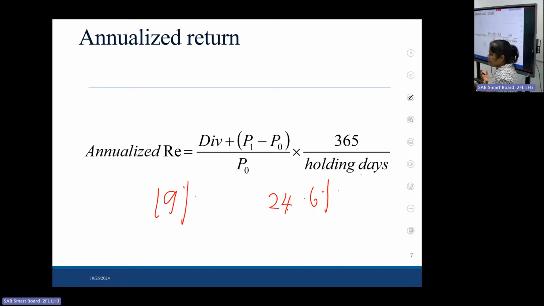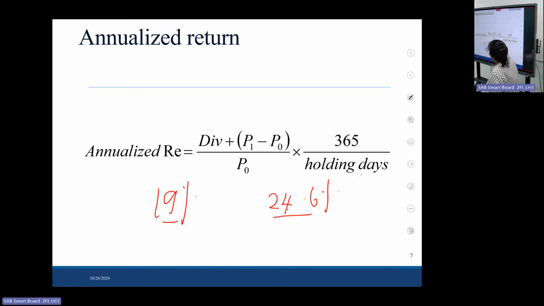If you invested in the fixed deposit per annum, you get 19%. Compared to the stock market investment, this is less risky, so its rate of return is 19%. If you invested in the Lion PLC, the expected or average rate of return is 24.6%, because it is risky compared to the fixed deposit.